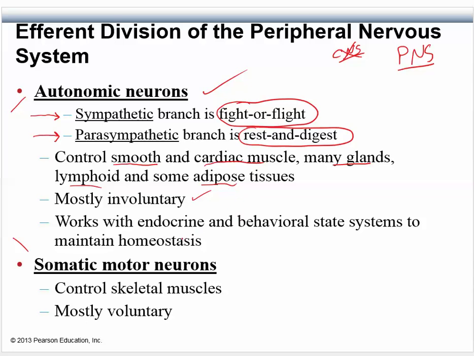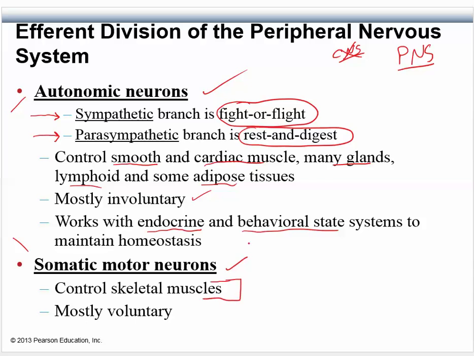The autonomic nervous system also works with the endocrine system, which we've talked about a little bit, and behavioral state. So certain behaviors can be changed, but not in the direct way that the somatic nervous system works, which is by controlling actual skeletal muscles.